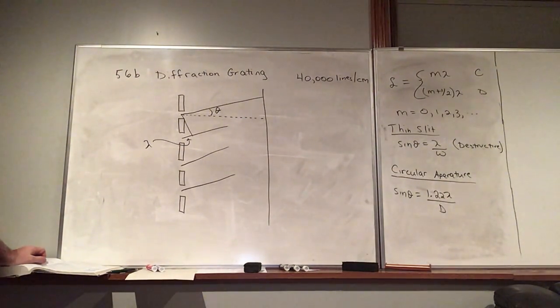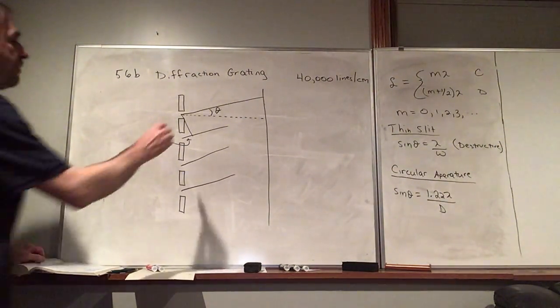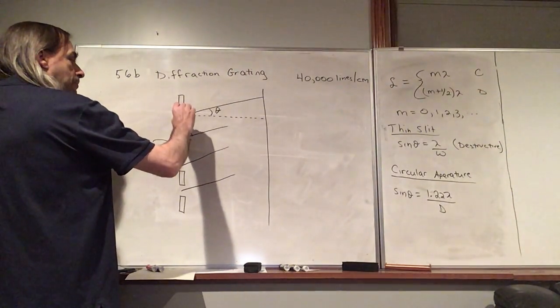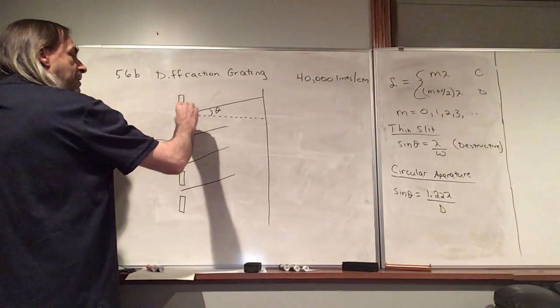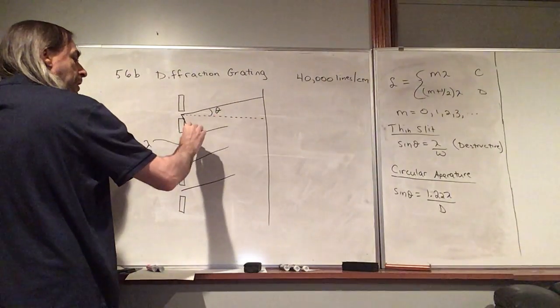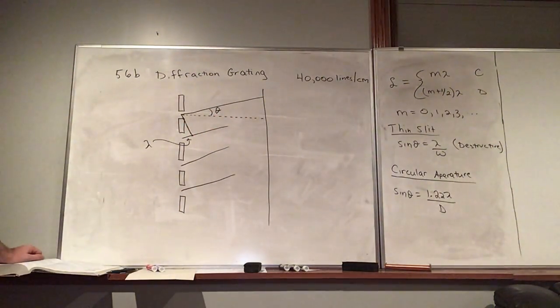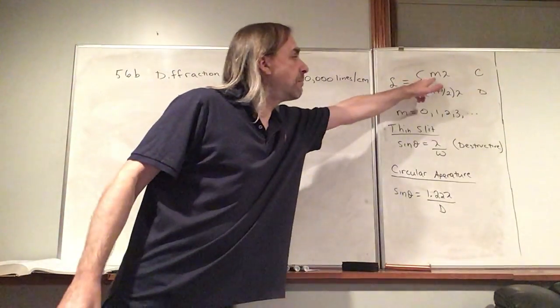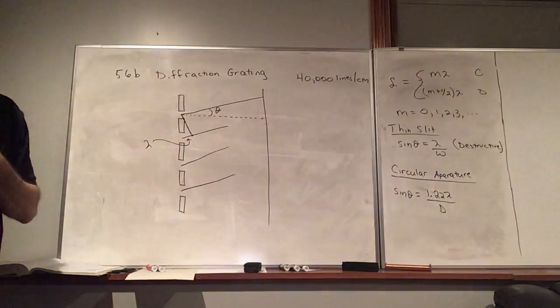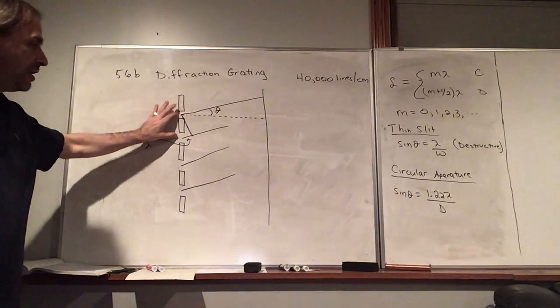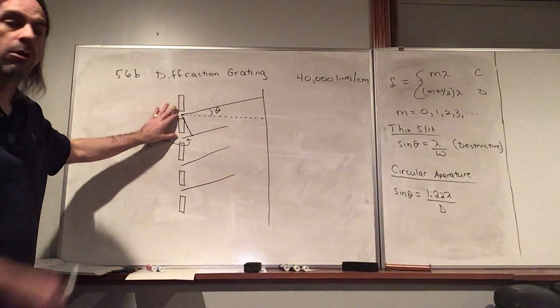The distance from here to the screen is the same as the distance from here to that same point on the screen. So the path length difference is lambda, and we clearly remember delta equals 1 times lambda. That's constructive interference, if you're just considering two sources.